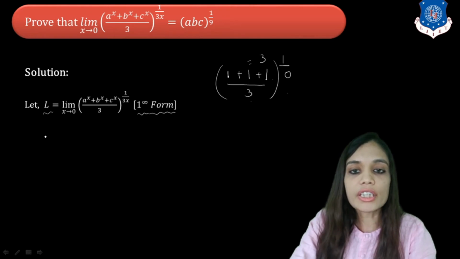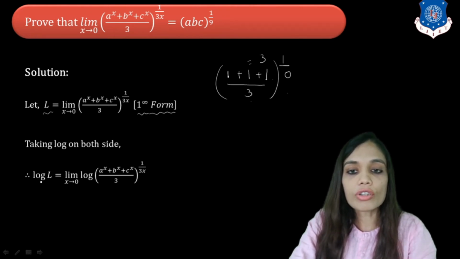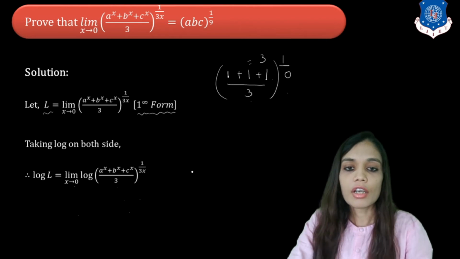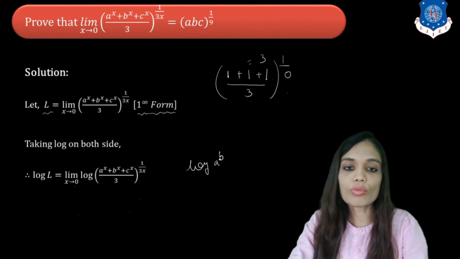So now we will take log on both the sides. So on taking log, you will get log L is equal to limit x tends to 0 log of a raised to x plus b raised to x plus c raised to x upon 3 whole raised to 1 upon 3x. Now using the formula of log, that is log a raised to b, that will be equal to b log a.